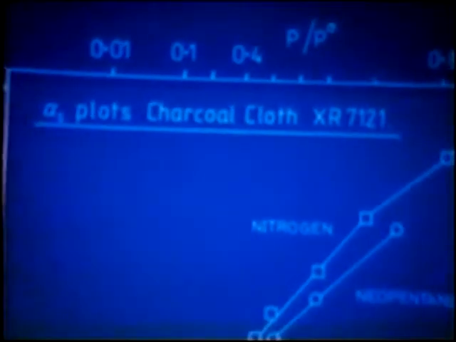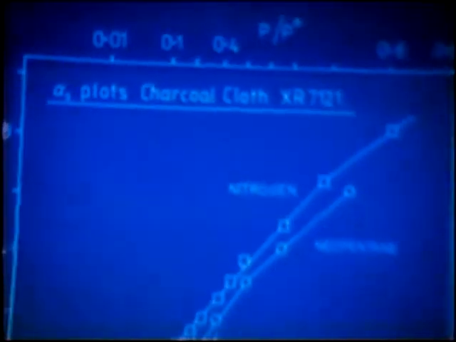Now, this is an interesting one. This is the mesoporous charcoal cloth, the one which I mentioned earlier gave the difference in the Gurvich volumes at high relative pressure, and I think we can now see why.